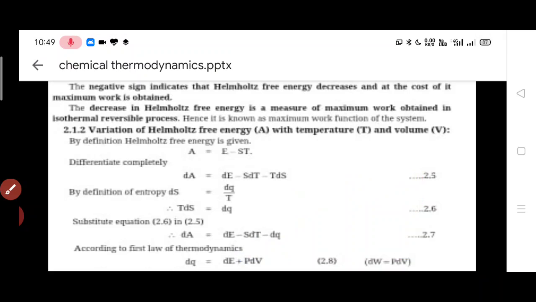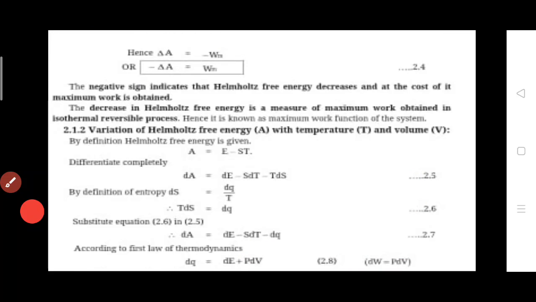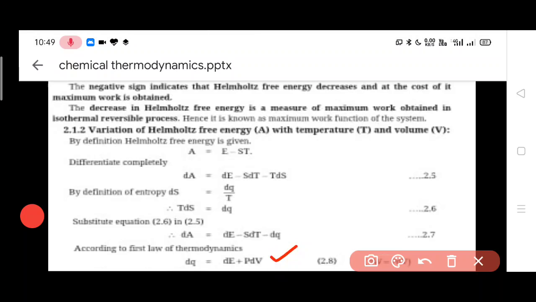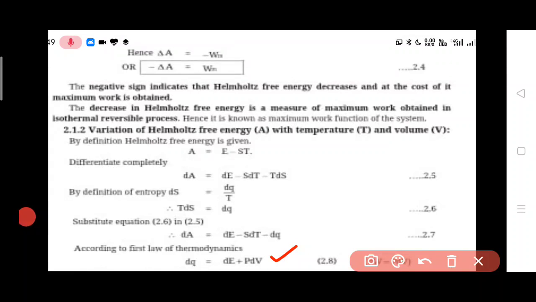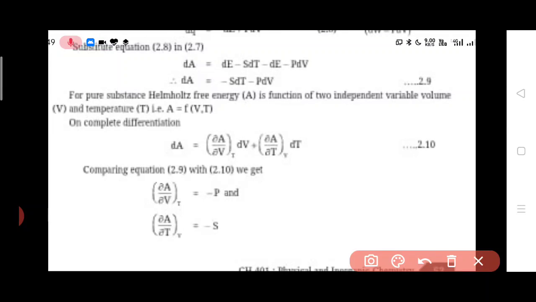So remember this equation, dE plus pdV. So we can write this term at the place of this dq. When we put this term at the place of dq, you will get a new equation. At the place of dq we have written dE plus pdV.